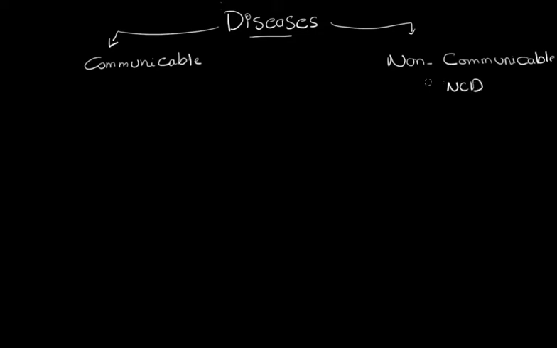Communicable diseases are to be communicated from one person to another, transmitted from one person to another. They are infectious diseases, while non-communicable diseases are not transmissible. You cannot get infected by a non-communicable disease, yet they are very serious.